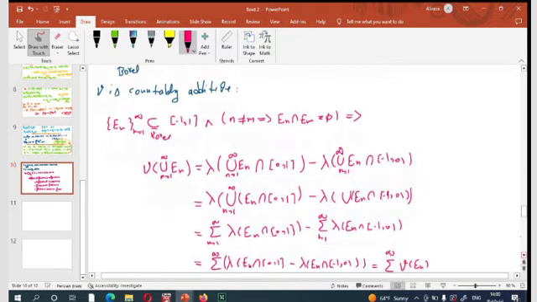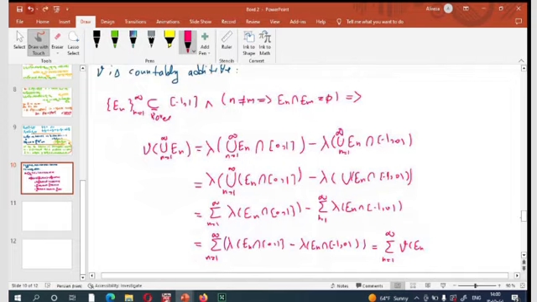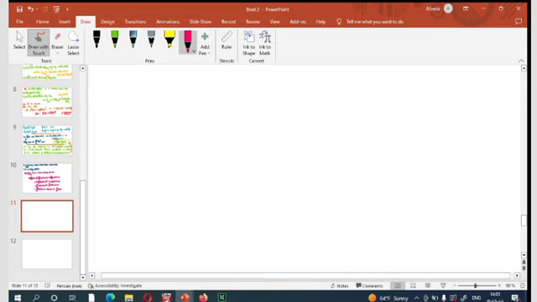For example, if we consider nu of this interval minus 1 up to this, it is equal to lambda of 0 1 intersect by this interval, and this is empty set.